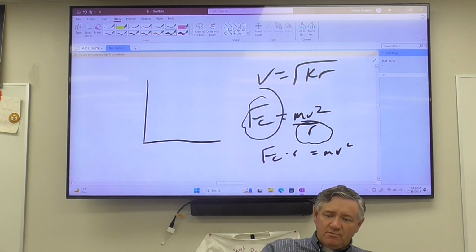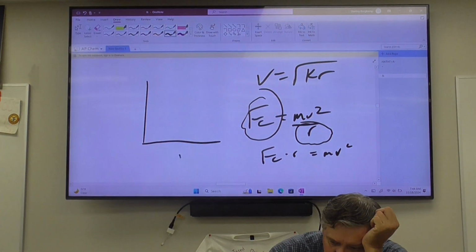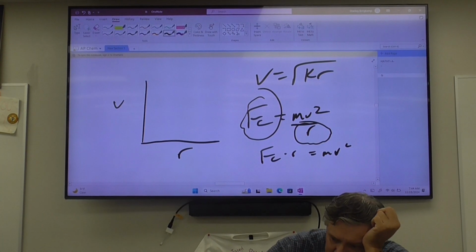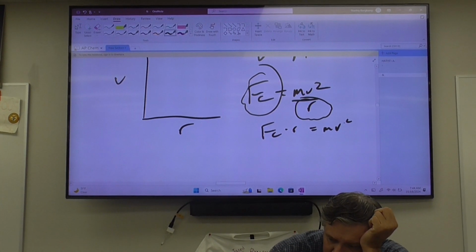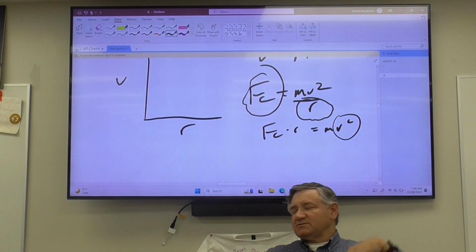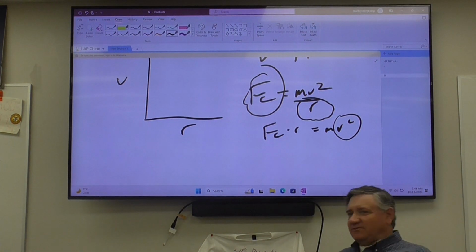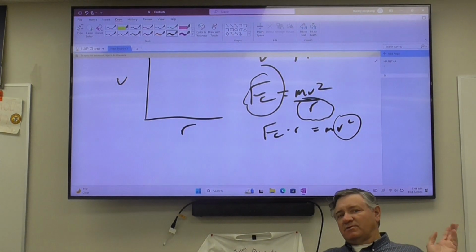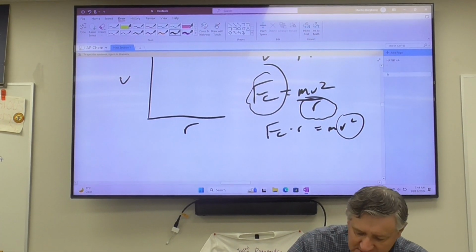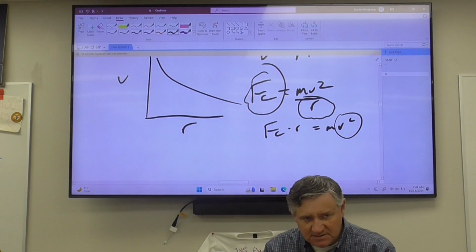So this gets a little bit wonky because with this one, you're going to graph radius here and you're going to graph velocity here. So if you isolate that velocity, number one, it's going to be an inverse relationship because you're going to divide by mass, but then you have to take the square root of it. So it's actually an inverse square root function, which gets really kind of weird mathematically. But that third graph should look something like this.